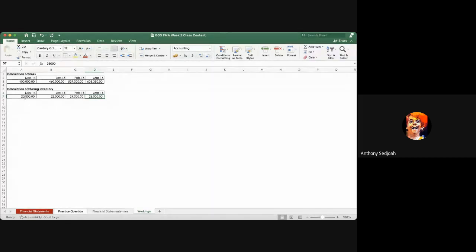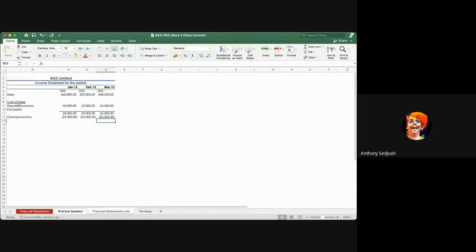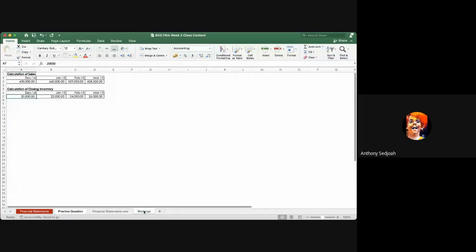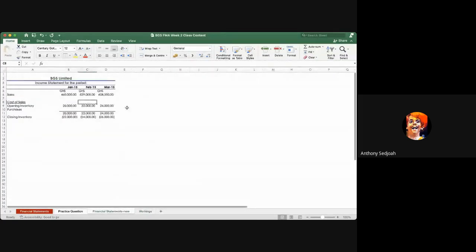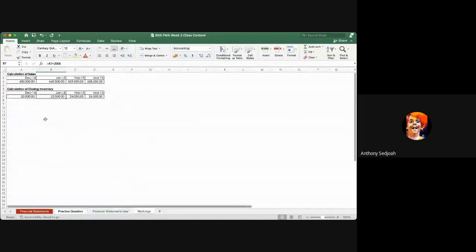So the closing inventory in December is the opening inventory for January, which is 20,000. Closing in January becomes opening in February, so 22,000. And the closing here is 22,000 January, 24 February, 26 March.